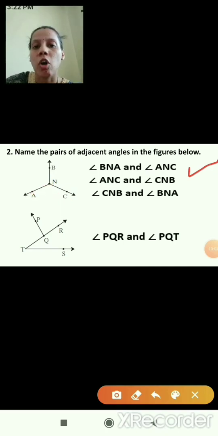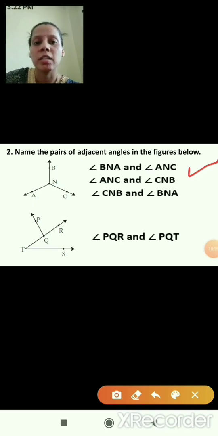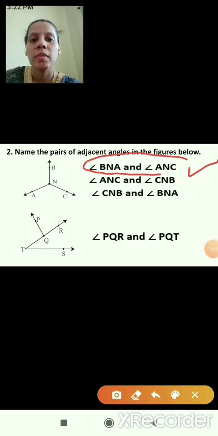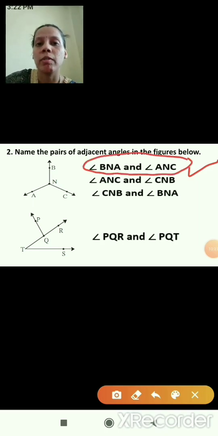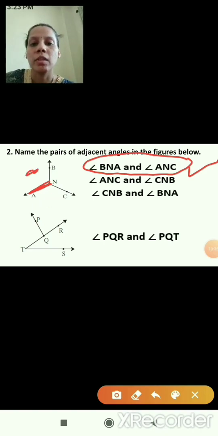Because they have a common vertex, point N, and one common arm. Which is the common arm? Ray NA is the common arm of these two angles, and they have separate interiors. So they are called adjacent angles.